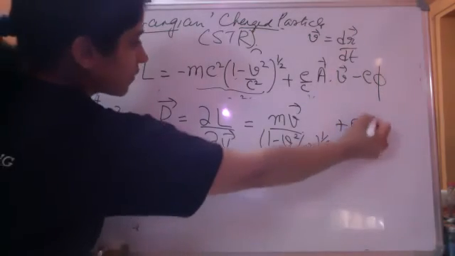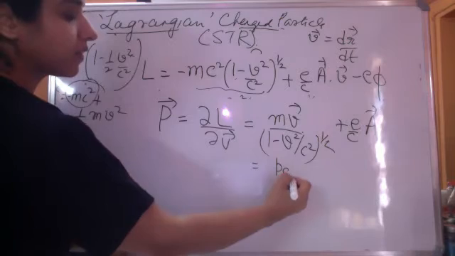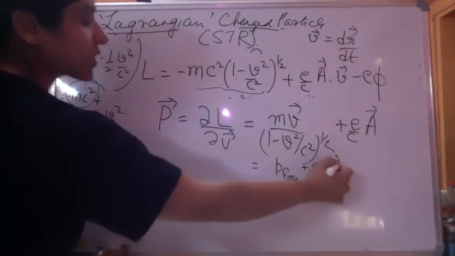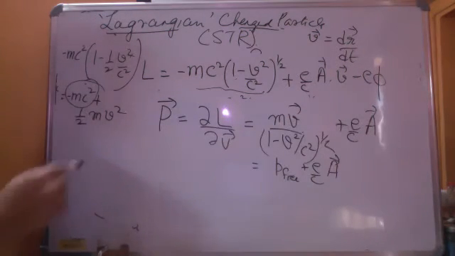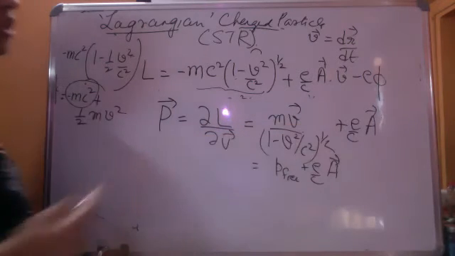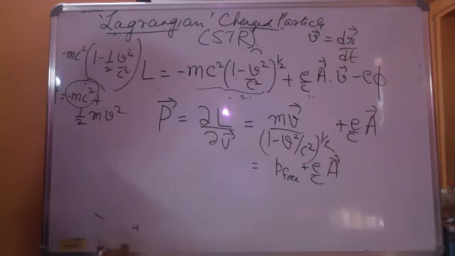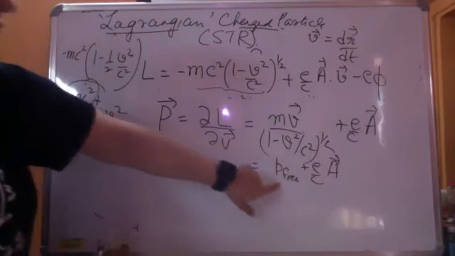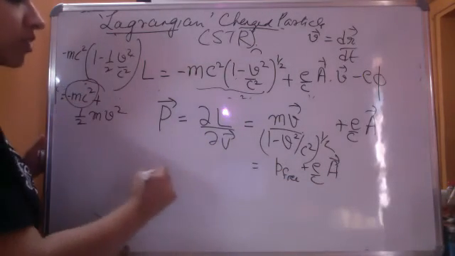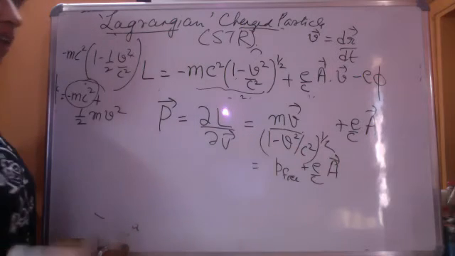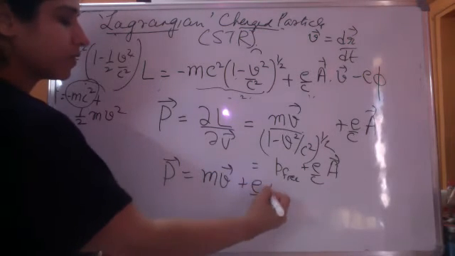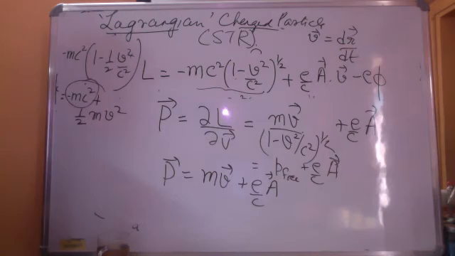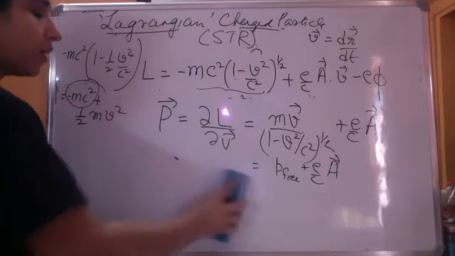So this is your P free plus e/c A. To define the conserved quantity, you must understand that the momentum here doesn't turn out to be just this part, but there's an additional term e/c A. In the limit of interaction going to 0, this becomes P free, and in the limit of Newtonian physics it just becomes the familiar expression. So it's the correct expression for my momentum.